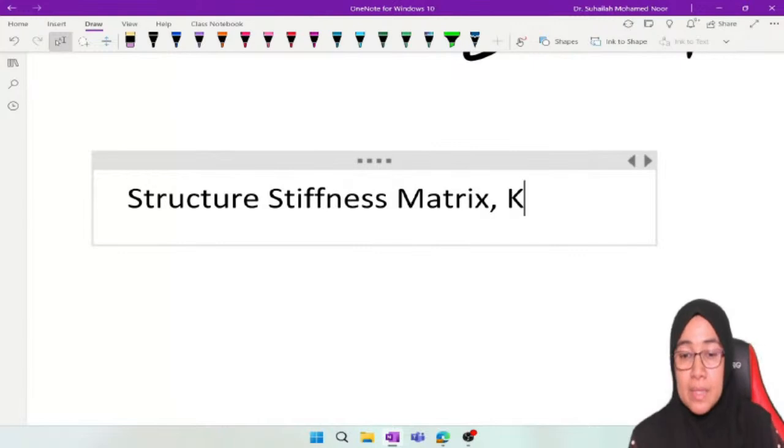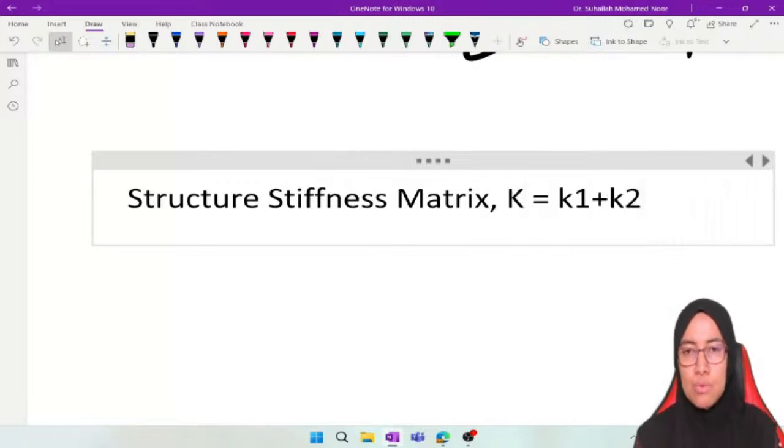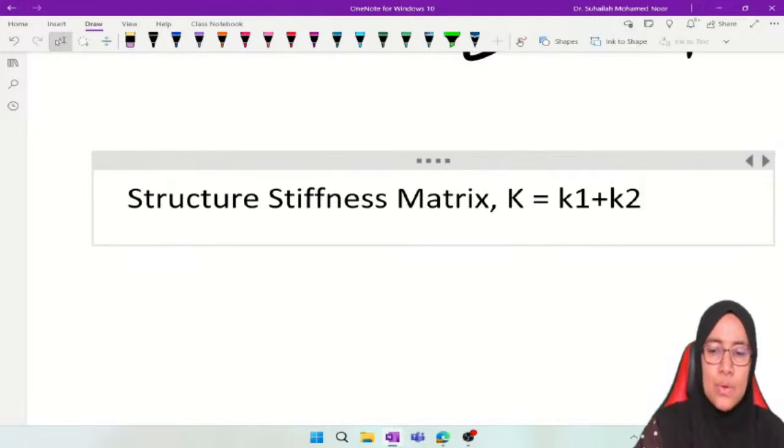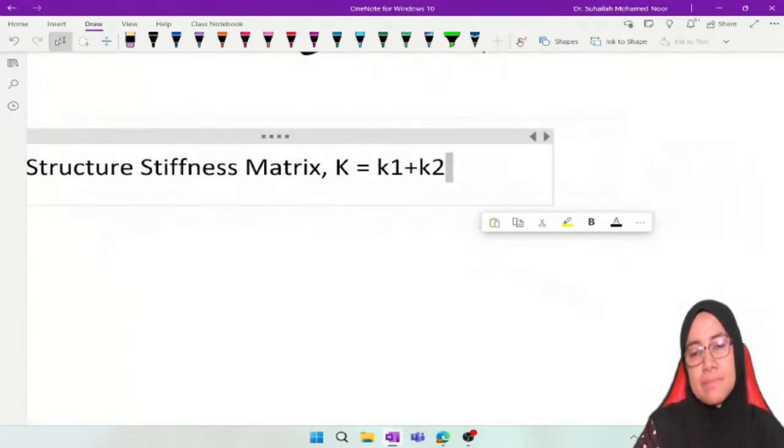This K is equal to K1 plus K2. For this question, to get the structure stiffness matrix, we get it from two elements, K1 and K2, and we have 6 positions.